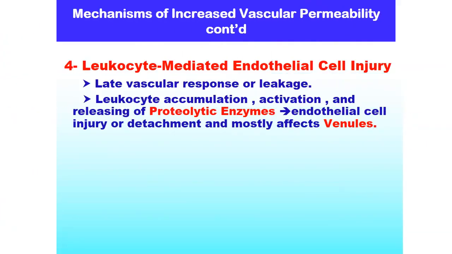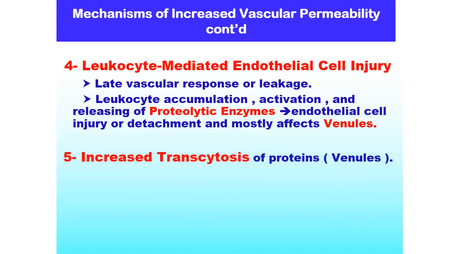The fourth mechanism of increased vascular permeability is leukocyte-mediated endothelial cell injury. The endothelial cell injury is caused by activated leukocytes, mainly neutrophils. This is a late vascular response or vascular leakage, occurring after leukocyte accumulation, activation, and release of proteolytic enzymes causing endothelial cell injury or detachment, and it mostly affects the venules because the walls of the venules are weak.